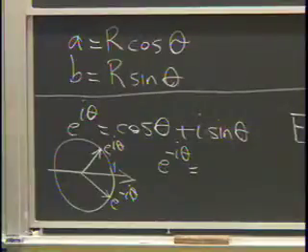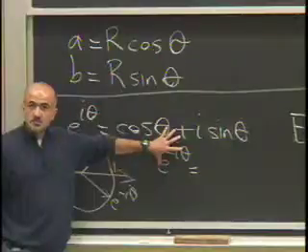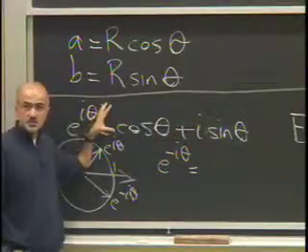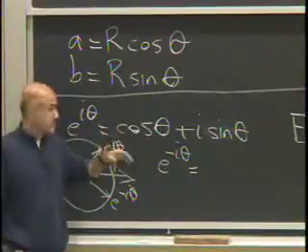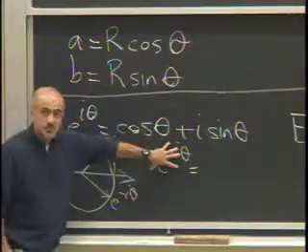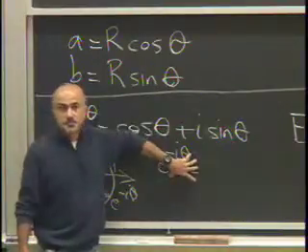Figure that out, and then use the two equations to come up with an expression for cosine in terms of the complex exponential only. So I don't want to see a sine in that expression. I want you to write the cosine in terms of the complex exponentials, and I want you to write the sine in terms of the complex exponentials. All right? Go for it.